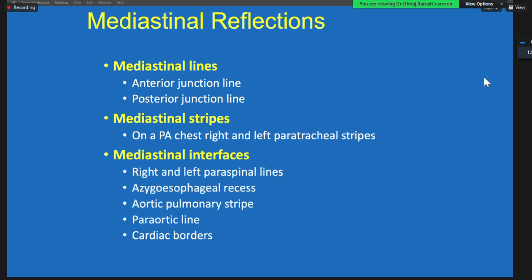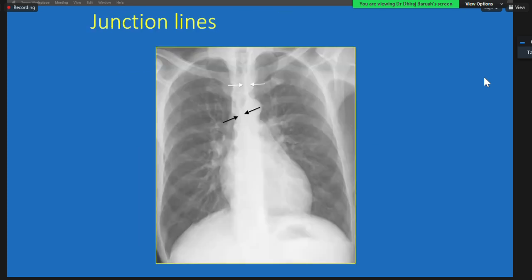Then mediastinal interfaces, or edges as we call them, are produced by contact between aerated lung and adjacent mediastinal structures. So these are some of the mediastinal reflections. Right and left paraspinal lines, we looked at some examples. Azygoesophageal recess, we looked at an example of hiatal hernia, which is the most common thing that displaces the azygoesophageal recess. Aortic and pulmonary stripes, para-aortic line, and the cardiac borders.